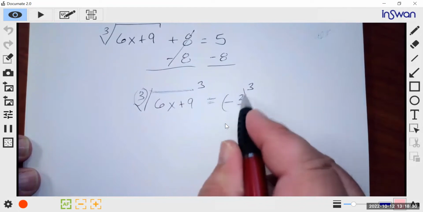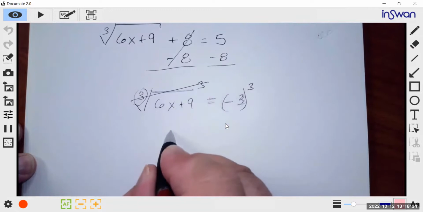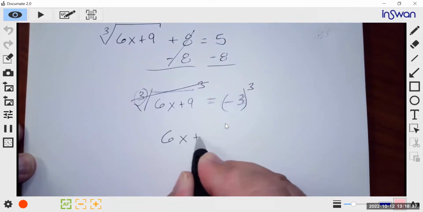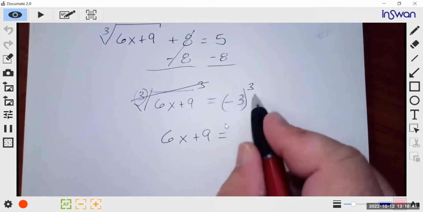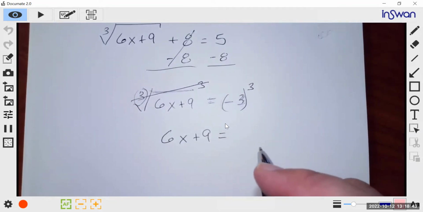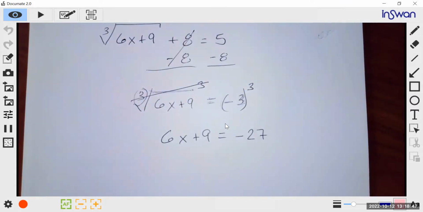Since that's a negative in front of the 3, I have to put parentheses around it. 6x plus 9. Negative 3 cubed is what? Negative 27. 3 times 3 times 3. Negative.